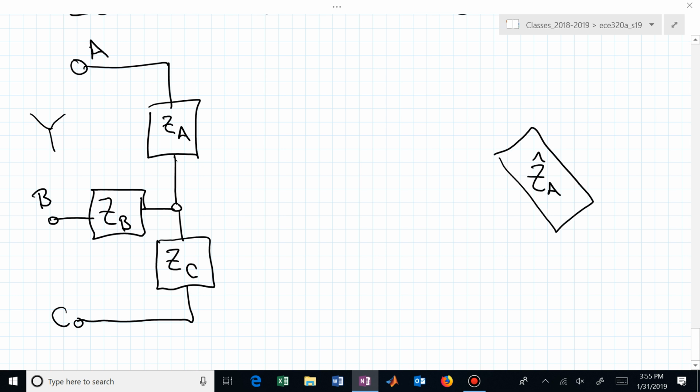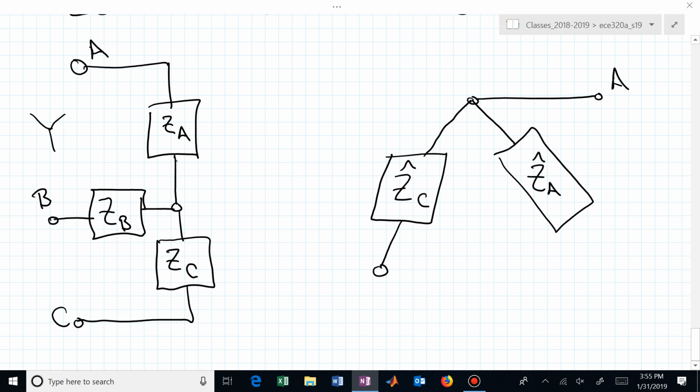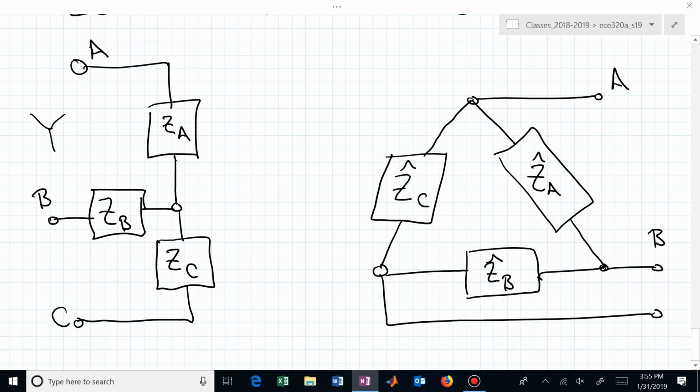But here is now Z sub A. Here is Z sub C, and here's Z sub B. With the delta connection.